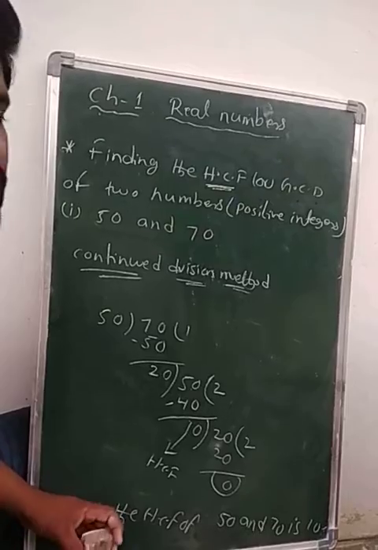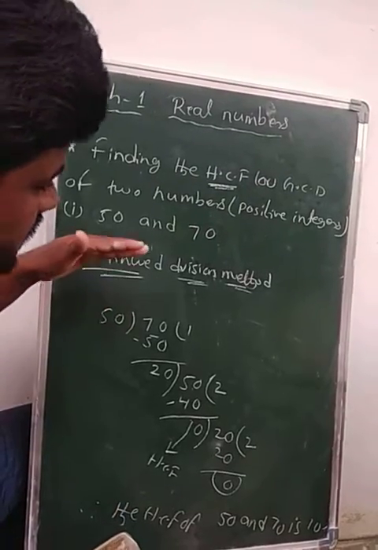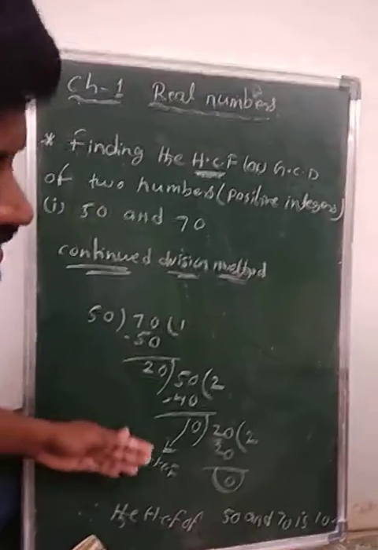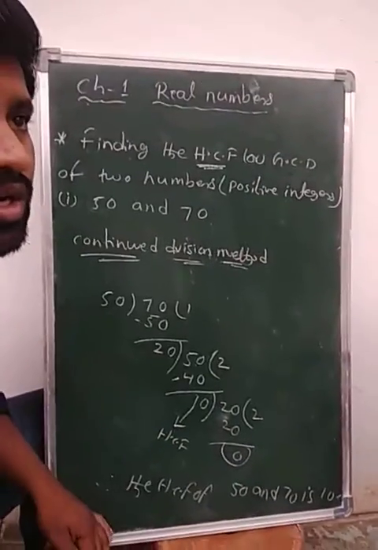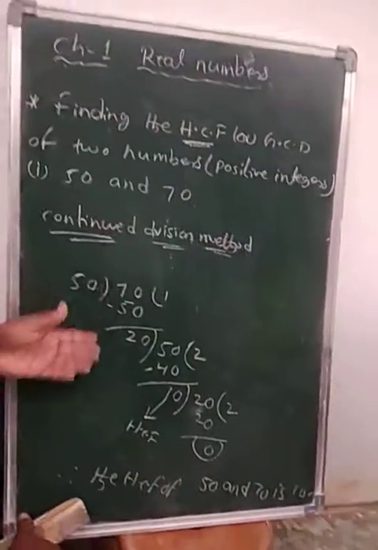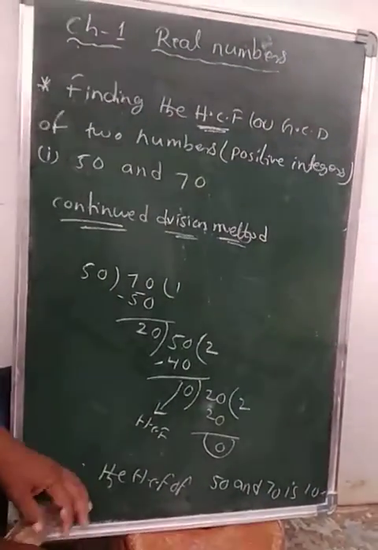Okay. By using the continued division method, we can find the HCF of 2 or 3 numbers. Okay, now like this.